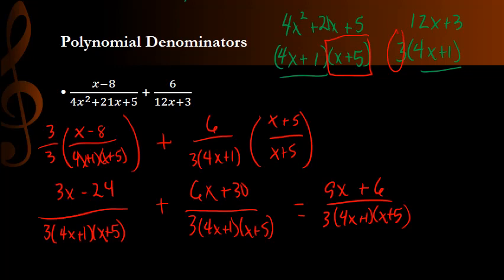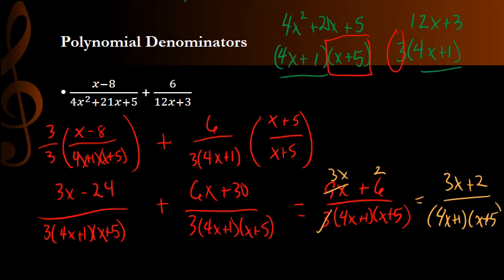Pretty close. But this 3 hanging out here, I can divide into the 9x and the 6 both. That makes 3x, and 3 into 6 is 2. So my final answer becomes 3x plus 2, because I could further simplify this, over 4x plus 1 times x plus 5.